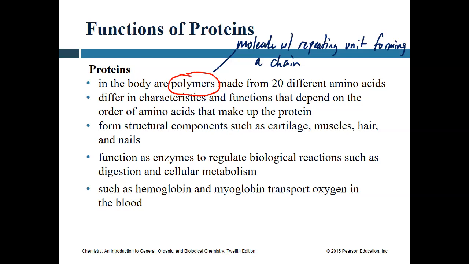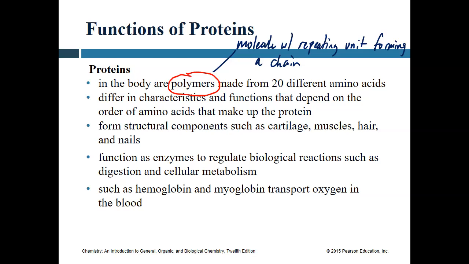And we can look at them based upon things like polarity. So we're getting into water solubility kinds of characteristics. We can also look at them in terms of acid and base characteristics. And depending upon what kinds of characteristics are present, what kinds of amino acids make up the protein, they can all have a variety of different functions.